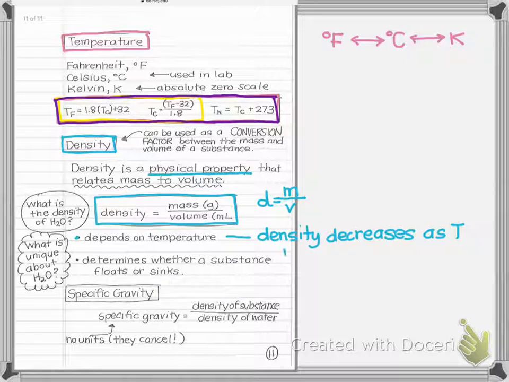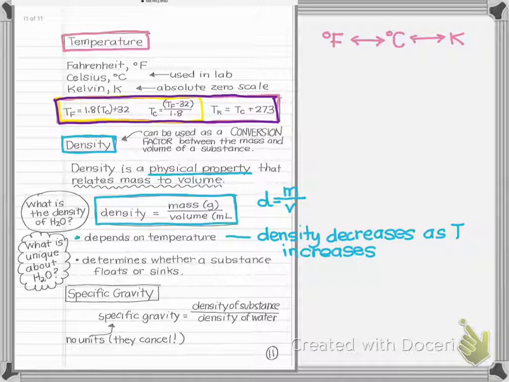So as it gets hotter, in general, density becomes lower because the particles spread out farther and farther apart. You could also say that in general, as something cools down, that substance becomes more dense because the particles get closer and closer together.